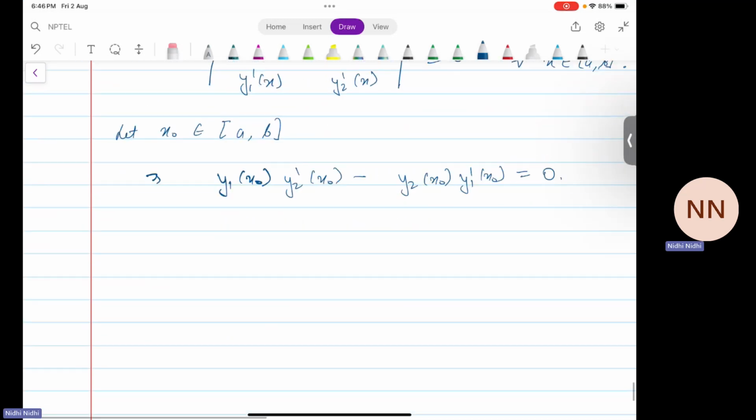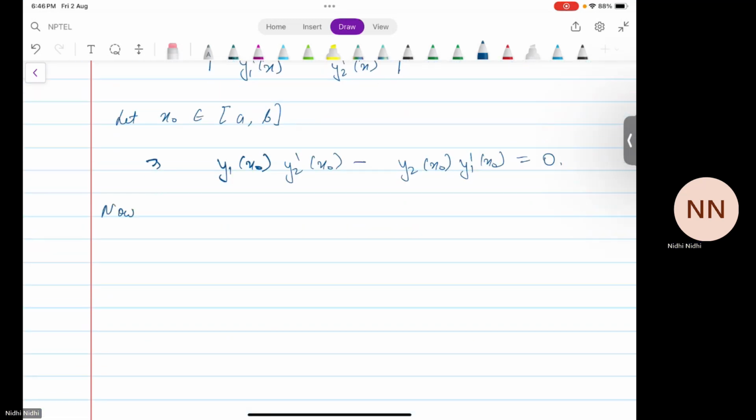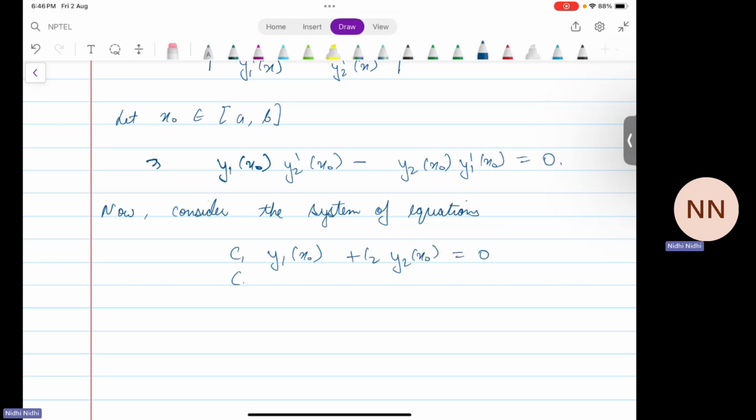Okay, so now let's consider the system of equations: c1 y1(x naught) plus c2 y2(x naught) is equal to 0, and the second equation c1 y1 dash(x naught) plus c2 y2 dash(x naught) equals 0.